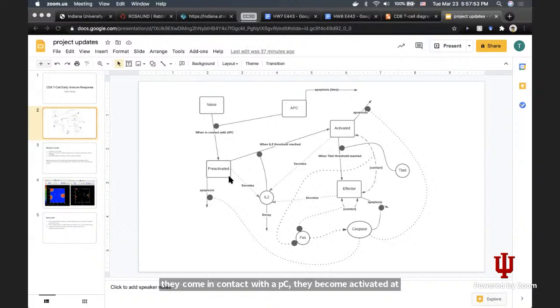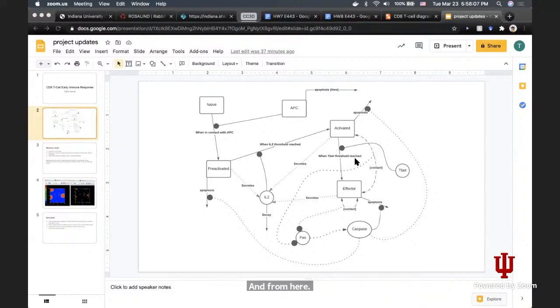And once pre-activated, they will secrete IL-2. And once the IL-2 threshold for pre-activated cells is reached, they become activated. And from here, once the T-bet threshold is reached for activated cells, they will become effector. And pre-activated, activated, and effector cells all undergo caspase-mediated apoptosis.